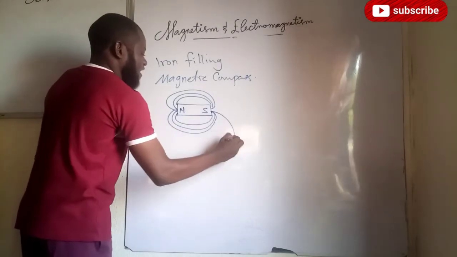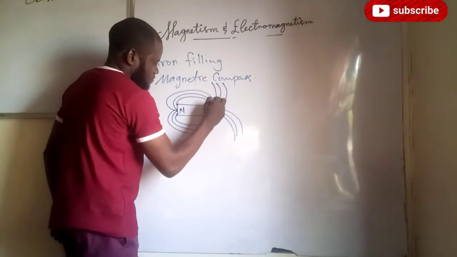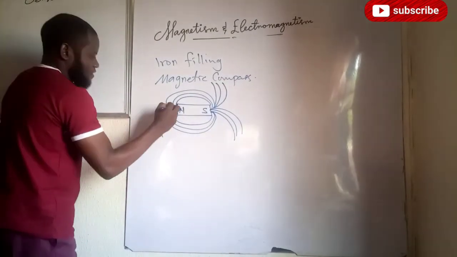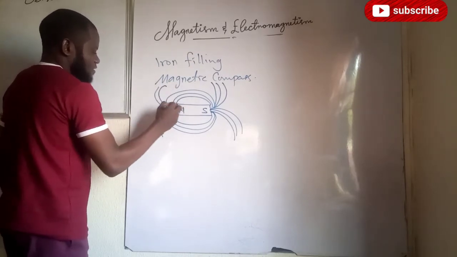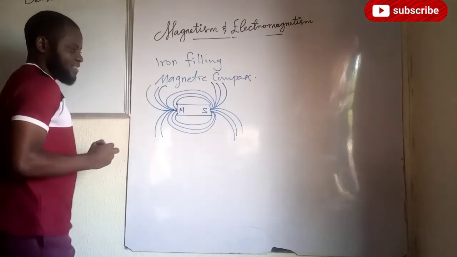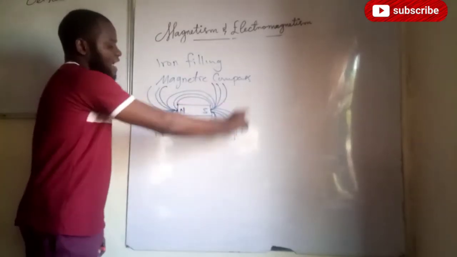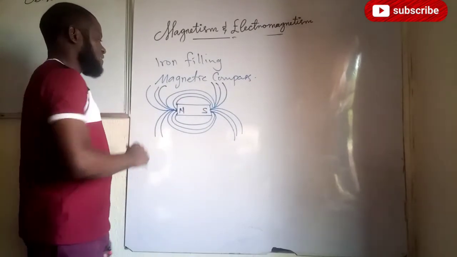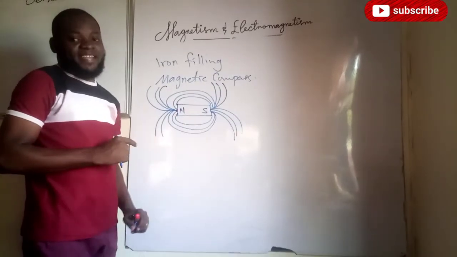So we have something like this now. So you have the pattern of the magnetic field looking like this. Now watch something here. This is how the iron filings will look. That is, this is the pattern of the bar magnet.